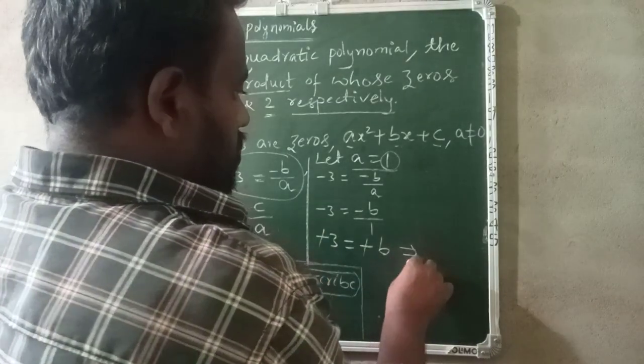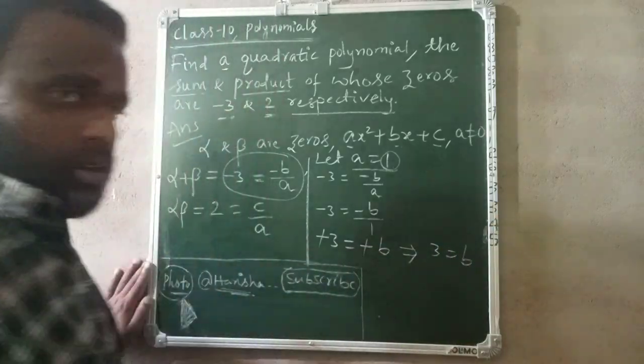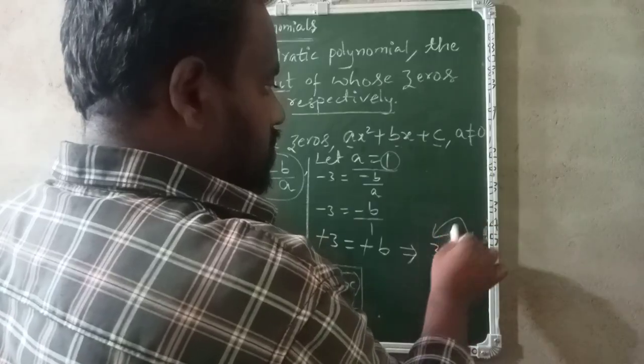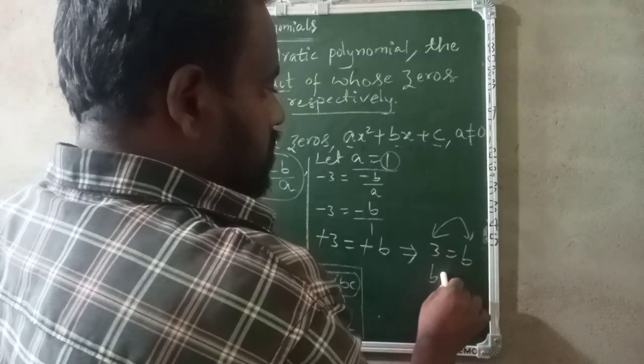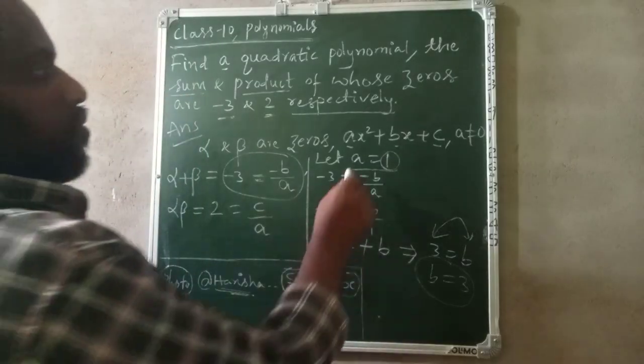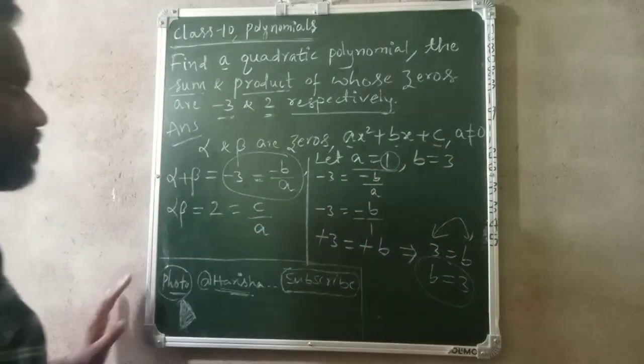So what we got: 3 is equal to b. Because of the equal sign we can interchange like this. So that means b is equal to 3. So for a is equal to 1, we got b is equal to 3.